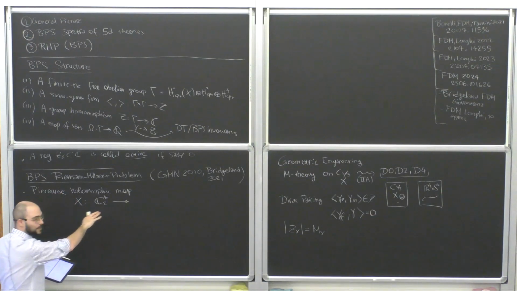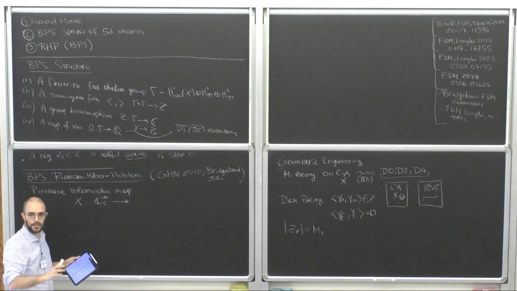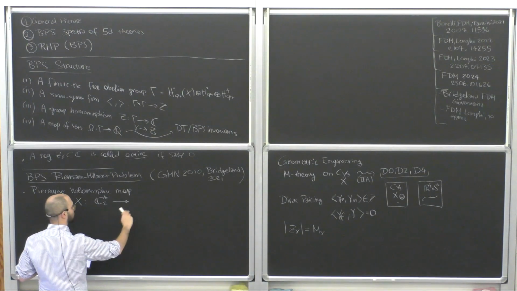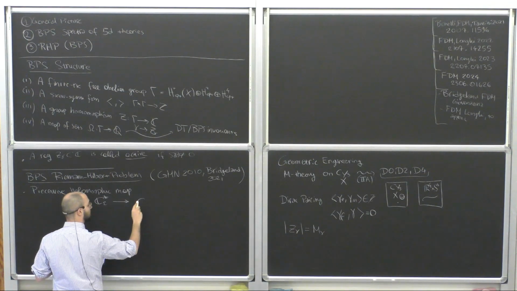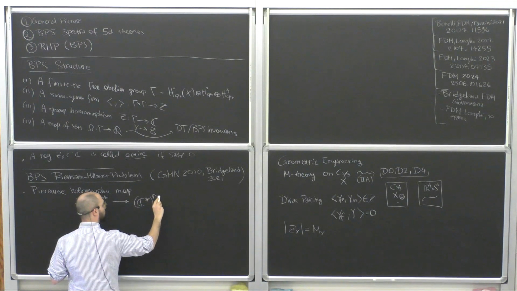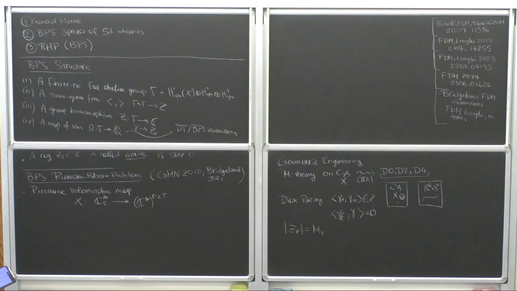But if you don't know anything about spectral networks, we just introduce a formal parameter epsilon. It has some geometric meaning that I'm not discussing now. To another C star to the rank of gamma, so rank of gamma copies of C star.